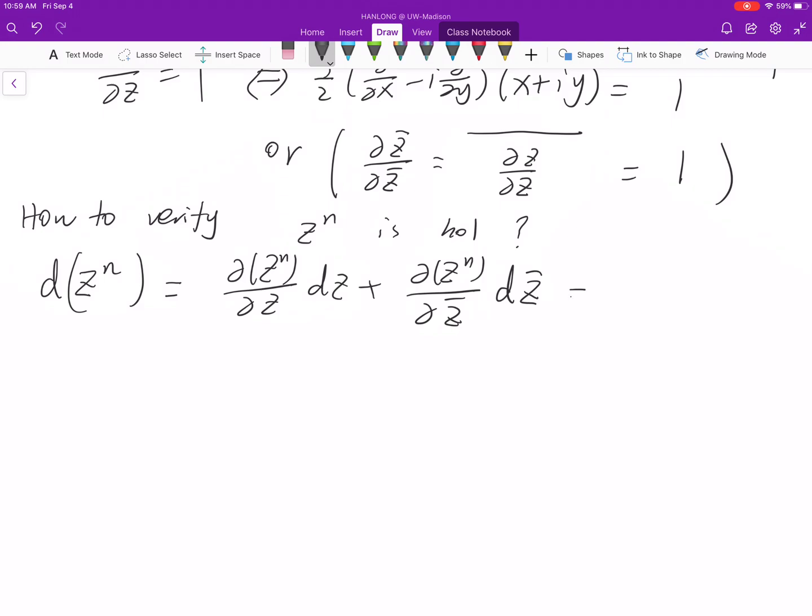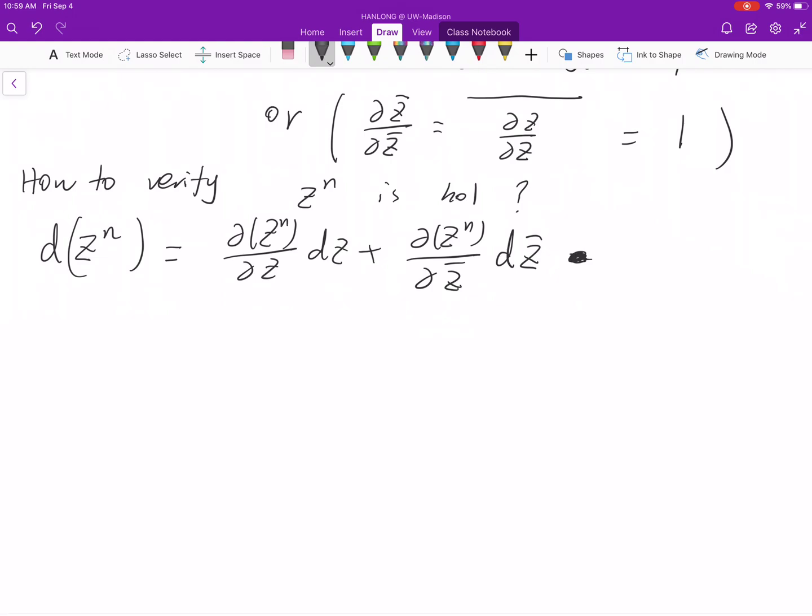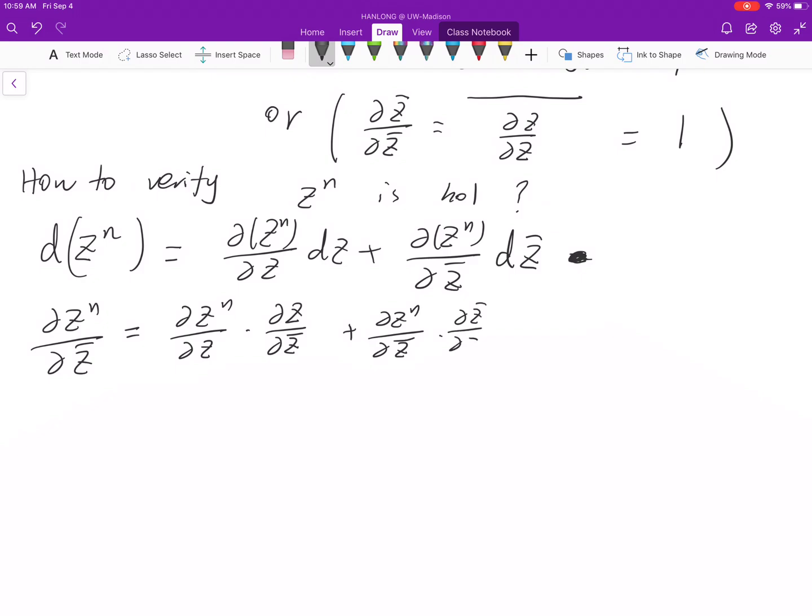So this is a total differential, and explicitly we verify the Cauchy-Riemann equation. From this one, you know the chain rule, so you have partial z^n partial z times partial z partial z bar plus partial z^n partial z bar times partial z bar partial z bar.